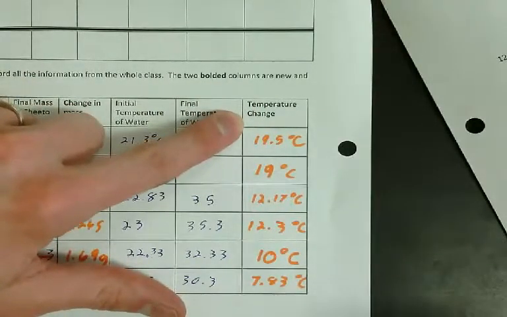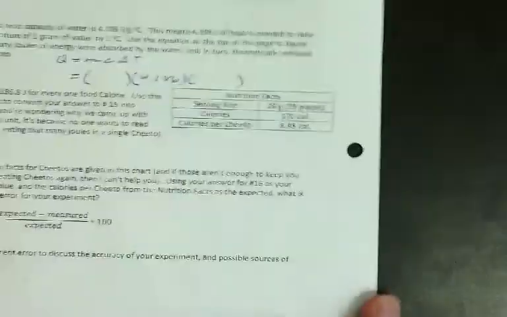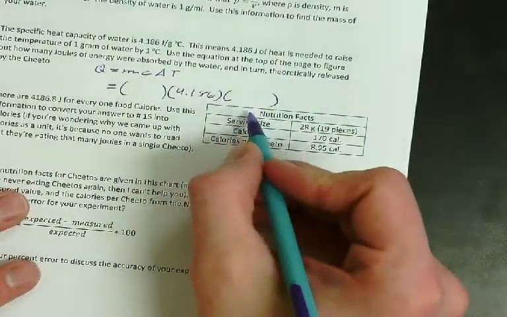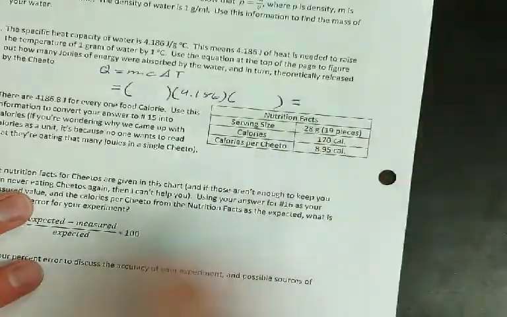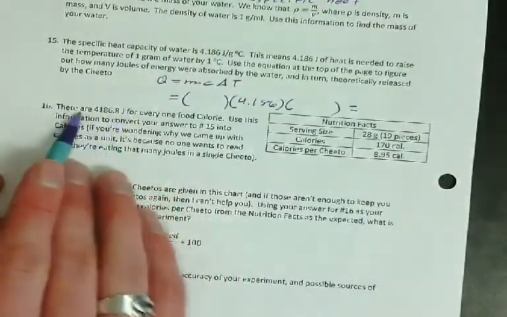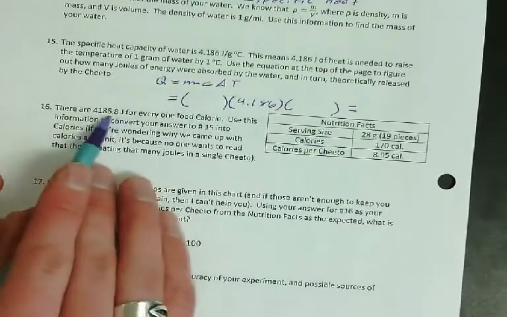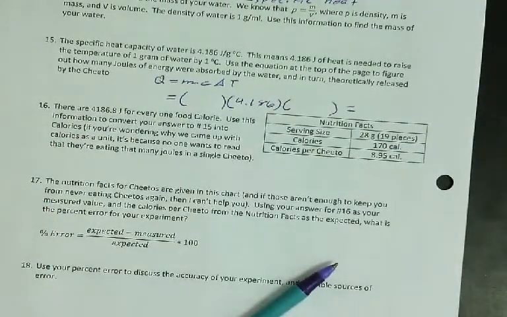Go ahead and plug that in and solve and get an answer for 15. See what you can get for Q. You want to get it in food calories. To do that, you've got to divide by 4,186.8. So go ahead and start working on 15. If you need to borrow a calculator, come borrow one. Start working on 15. I'm going to come around and try to help out.